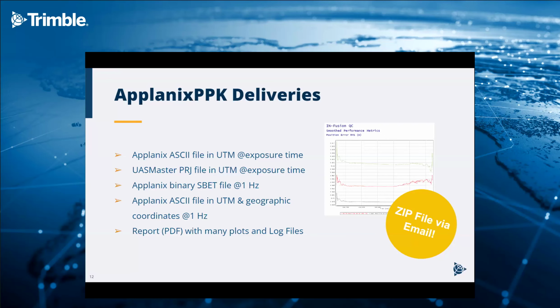And there is another file that we supply that's called the report file. It's a PDF with many plots and information about the results of your post-processing steps. So that could be very helpful for quality control and quality assurance of the data.